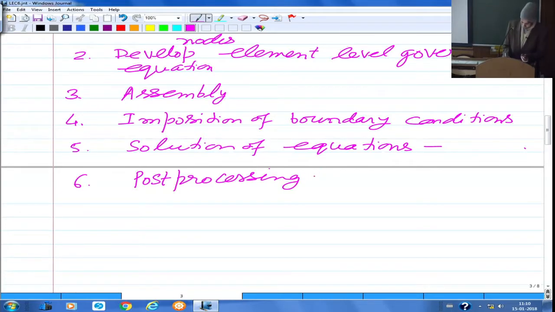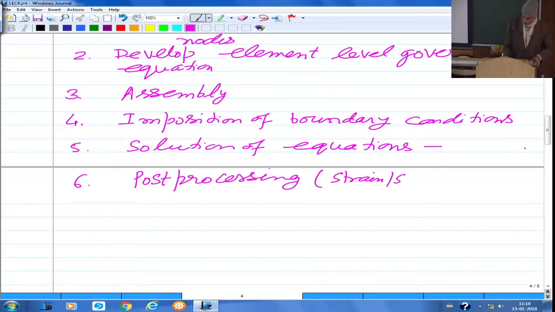So post-processing essentially is you calculate the derivatives of field variables, for example strain in solid mechanics, you calculate stress, reactions, and any other quantity you want to calculate within each subdomain, that is element. That you actually do under post-processing.